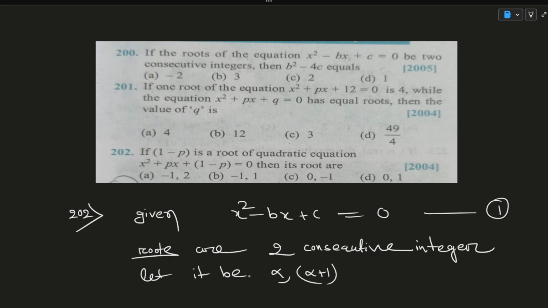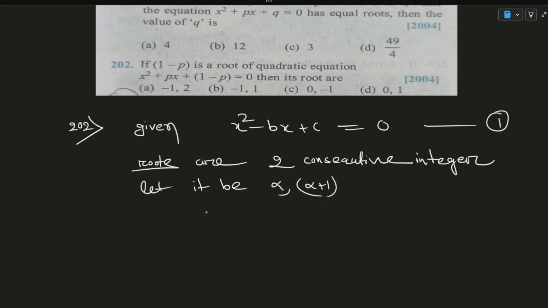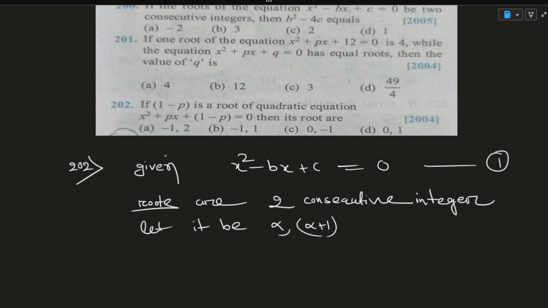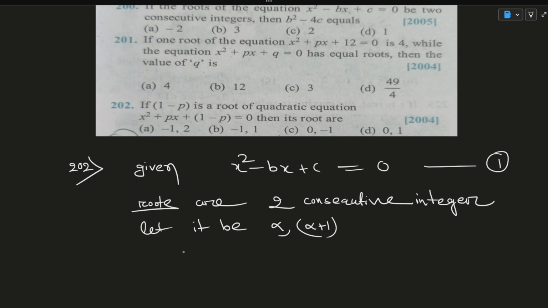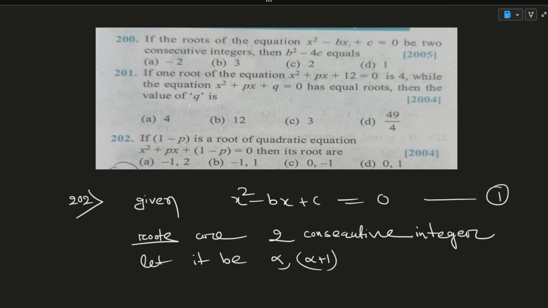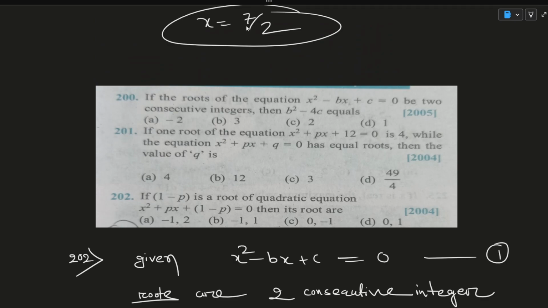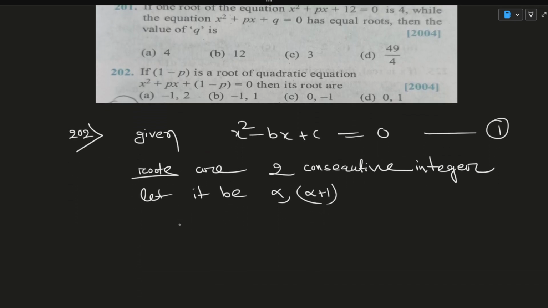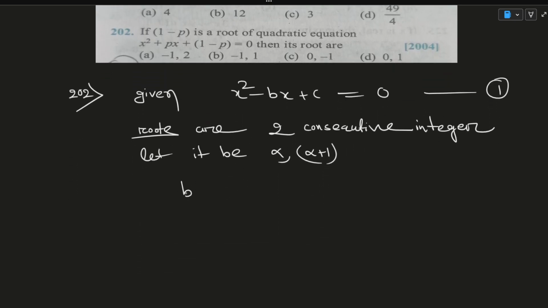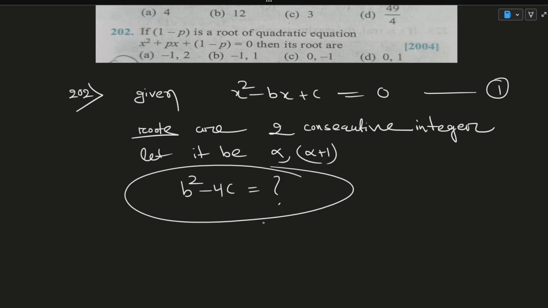So the question is to evaluate b square minus 4c. Okay, we need the value of this, so here we have to evaluate this one.